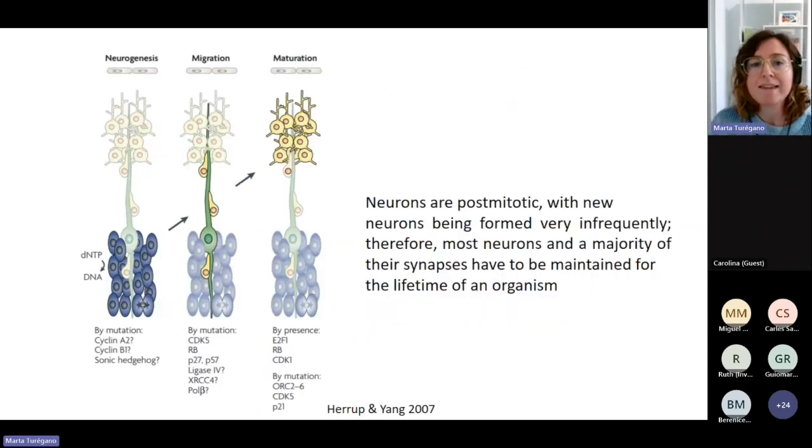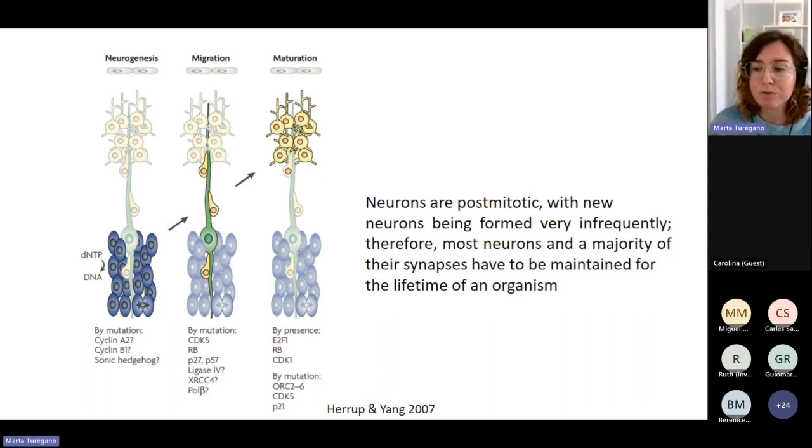The second reason is that neurons are most of the time postmitotic. So the division in neurons is infrequent, and this means that all the components that the neurons have to be maintained along the lifetime of an organism.